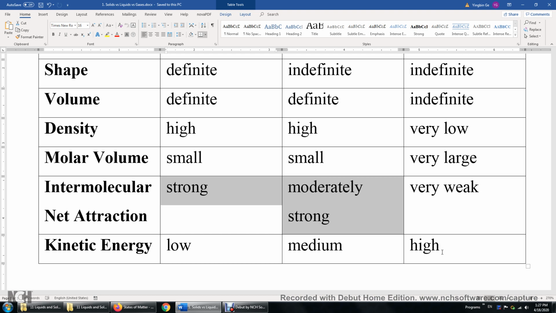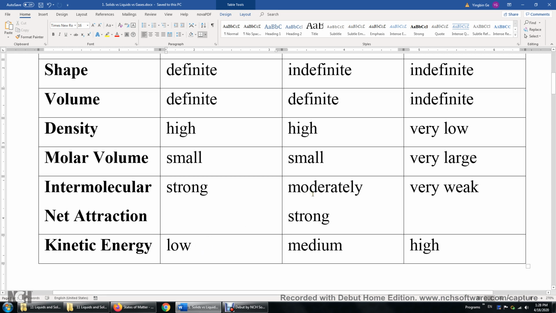We say the kinetic energy is medium in the liquid phase. How about the solid state? The molecules and atoms can still vibrate in the solid state, but not as much as in the liquid state. Therefore, the kinetic energy in the solid phase is the lowest.